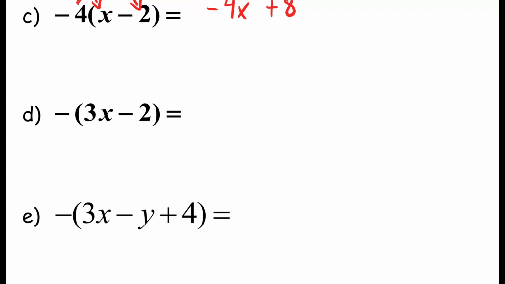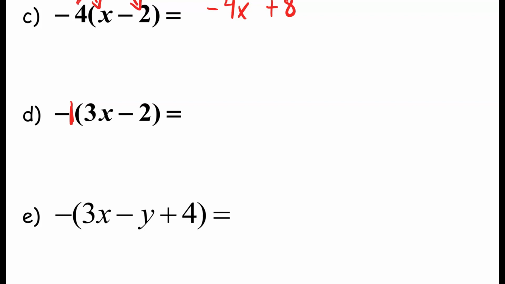For D, we have a negative on the outside of the brackets, and we have 3x subtract 2 inside the brackets. If there's no number listed with this negative, it is always a negative 1. So negative 1 multiplying in, well, 1 times anything is still itself.